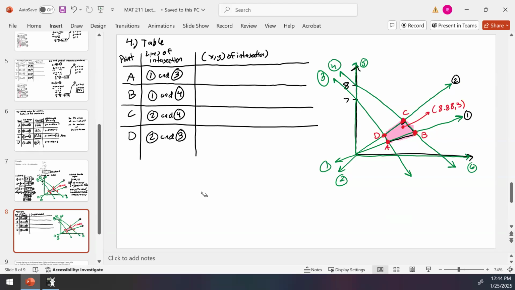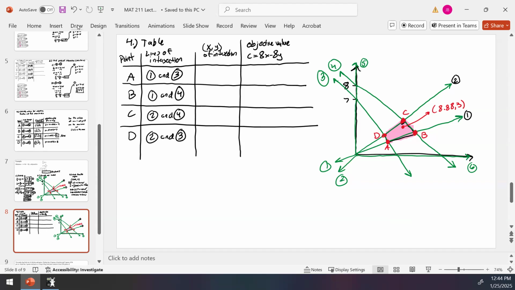Once you make the table once, you don't need to make it again. So x comma y of intersection. And then here is going to be your objective value. And so what we end up getting is C equal to 8x minus 8y.